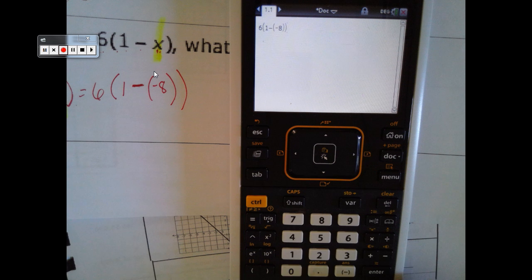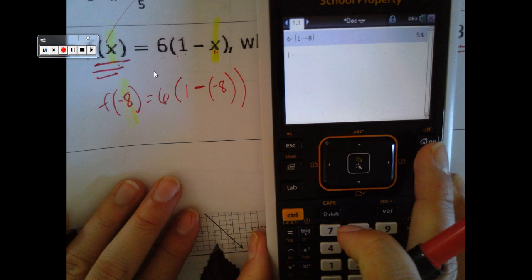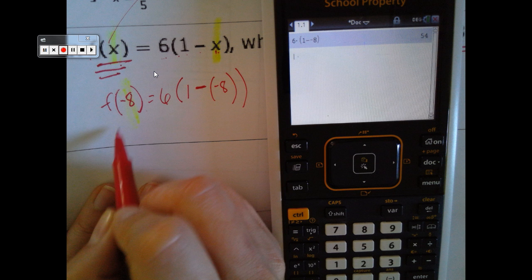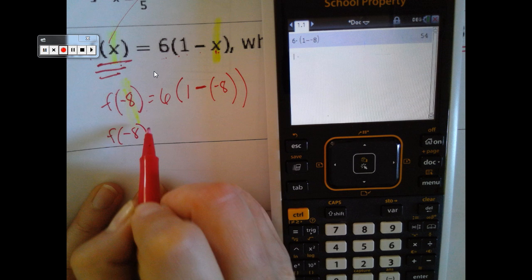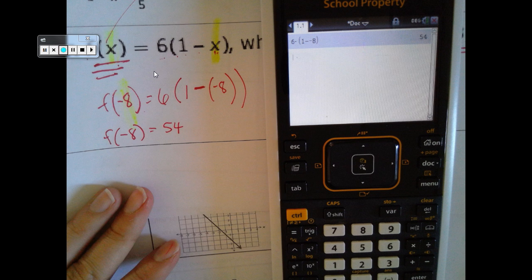Okay, press enter. Looks just the same, making sure. That is my f. That is the y value, okay? My x value is -8, so this equals 54. That's all you have to do.